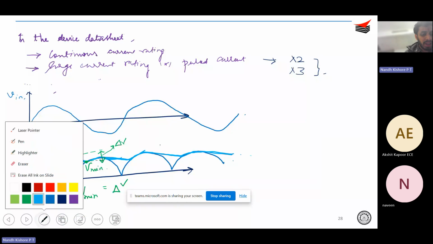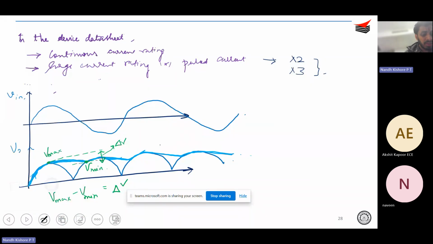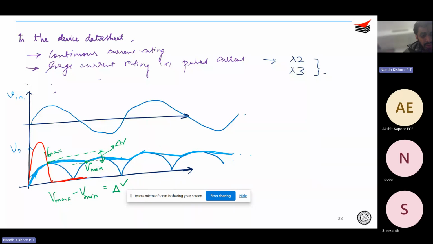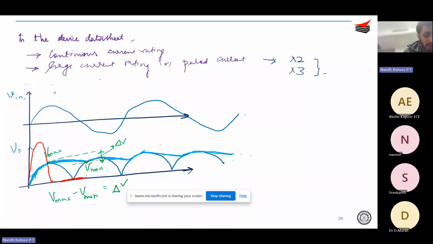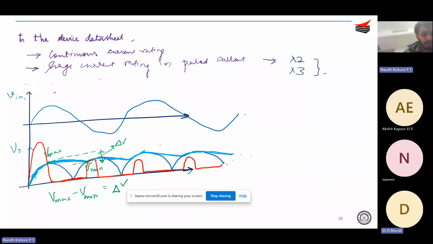So the current would look something like this: there would be huge current during this period, then the current would go to 0, and from this point onwards, the current will be obviously lesser. Okay. So your capacitor current is going to be something like this, correct?